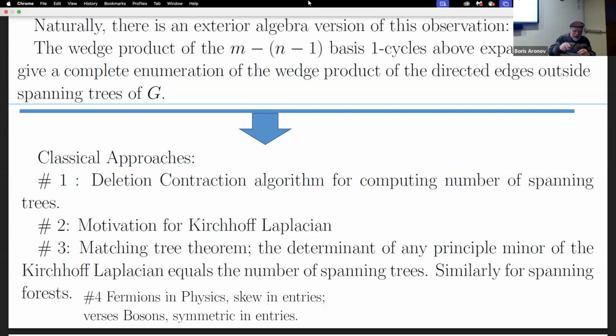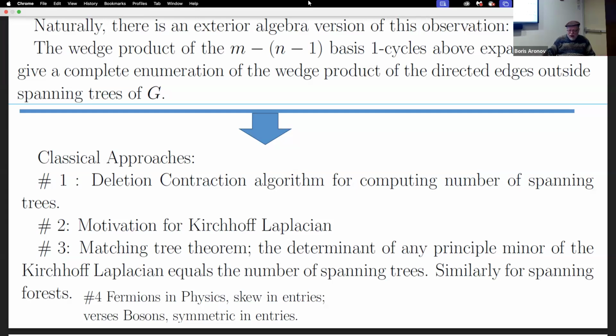Deleting means you delete an edge. Contracting means you pull in on an edge. So you can produce graphs in two different ways out of a given graph and a given edge, either by deleting the edge or by shrinking the edge. And then there are formulas that relate the number of spanning trees to what you get from those two graphs. And that's similar to what's happening here at the exterior algebra level also. That's paralleled here.